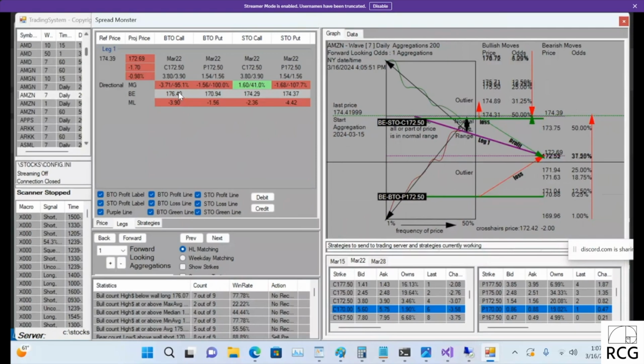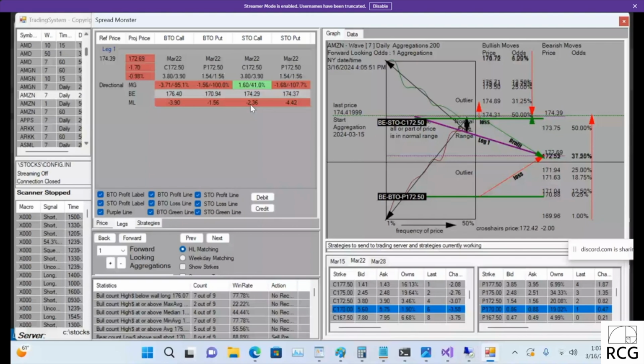So what this does is it looks at the movement that's happened in your data set, and it sets, for example, the maximum loss at $2.36 based on historical volatility. So it's giving you a heads up that, based on historical volatility, $2.36 is what you're probably at risk for.